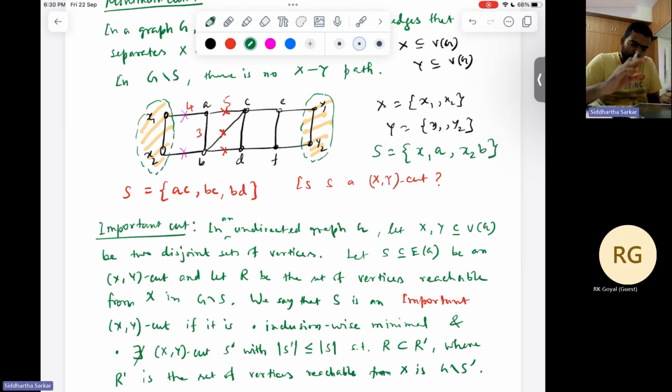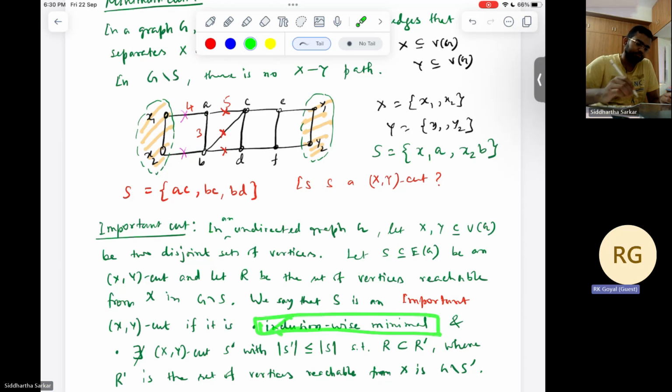We want to answer the question whether this set S constitutes an important cut. Two things we have to check. First is whether it is inclusion-wise minimal. That means, is it possible to get a subset of S and still have a cut? No, we already said that minimum two edges are required, so this is definitely inclusion-wise minimal.